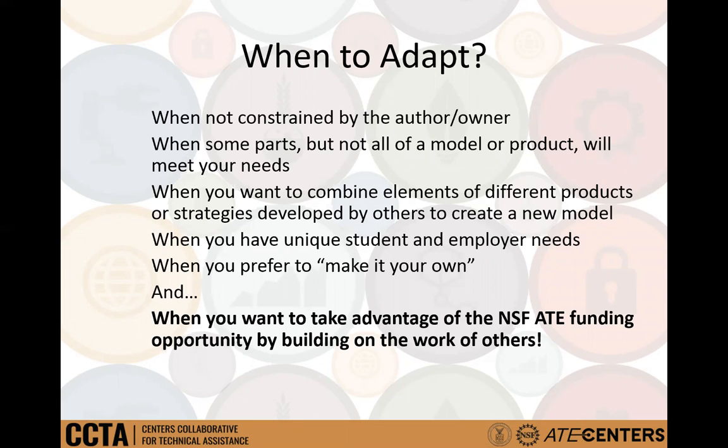Strict fidelity implementation is most important when conducting research or when the situation is almost identical to the one where the materials or strategies worked for someone else. With adoption, there is the expectation that you will duplicate the original to the extent possible in order to achieve the same outcomes as the original.